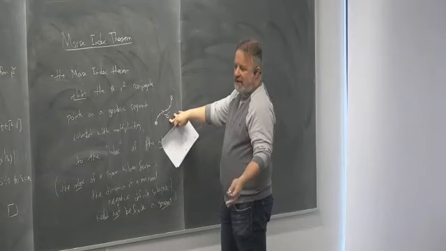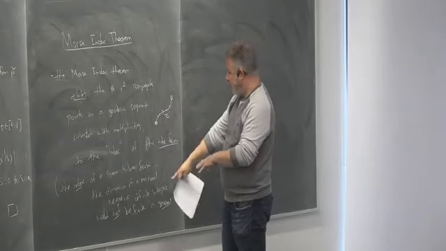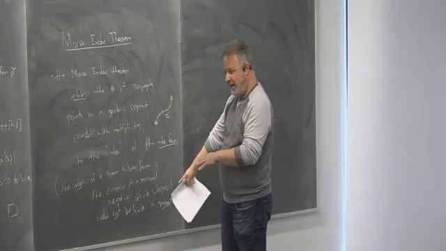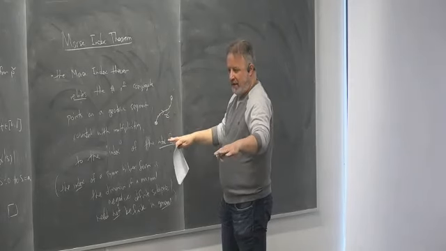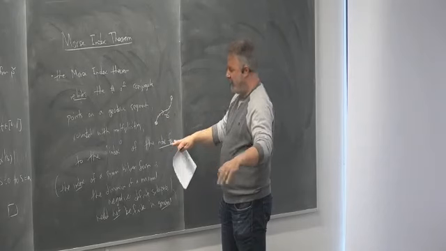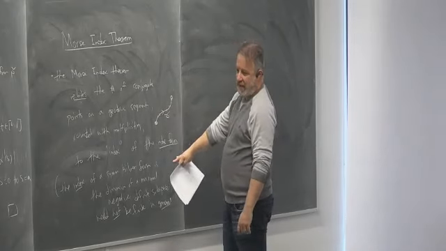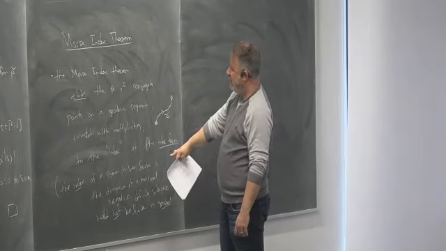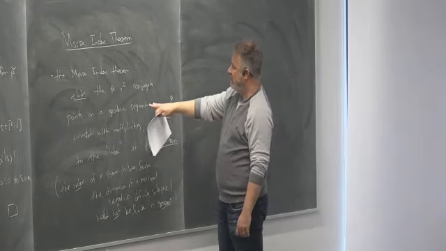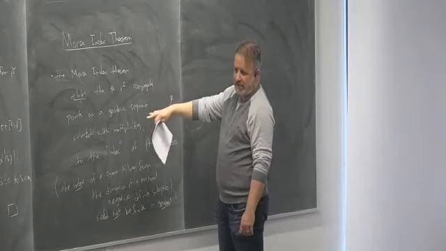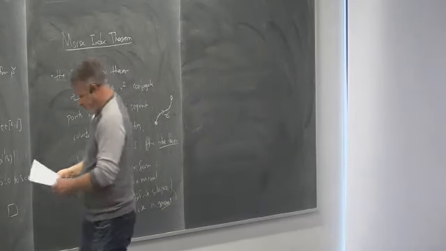There's not a unique maximal negative definite subspace, but all of them are finite dimensional and they have the same dimension. And the dimension of that maximal negative definite subspace is related to the count of the conjugate points with multiplicity.